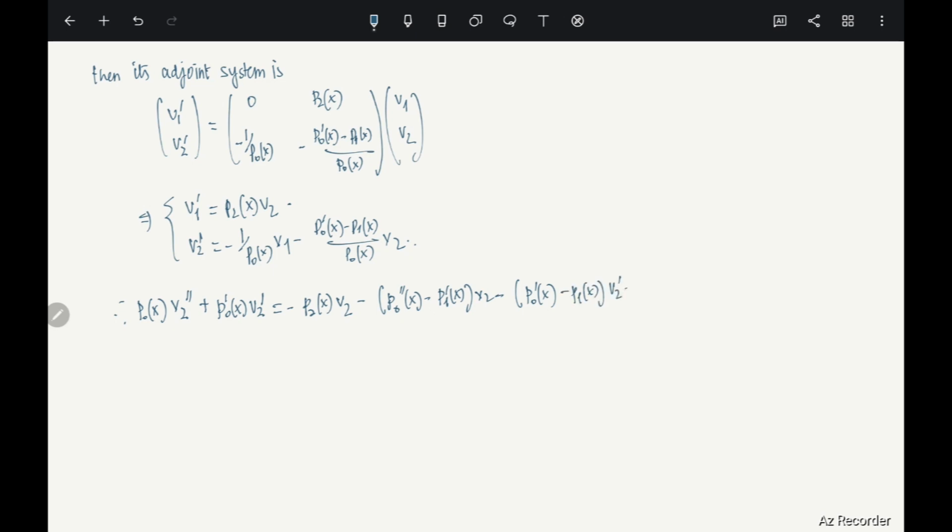I hope the calculation is correct, so please check this part. If you are not convinced, please check the calculation. Yes, I hope this is clear.